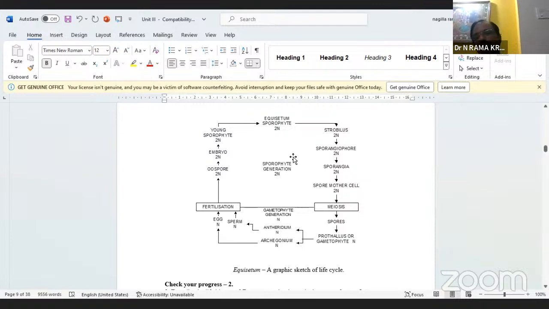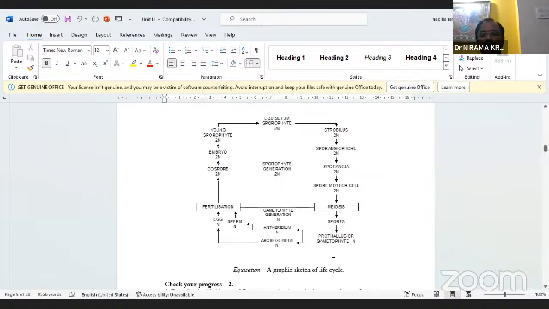When spores come to the outside, they take food material from the environment, and these spores germinate into a new structure, the prothallus. We call that the gametophyte. So this prothallus is the gametophyte.